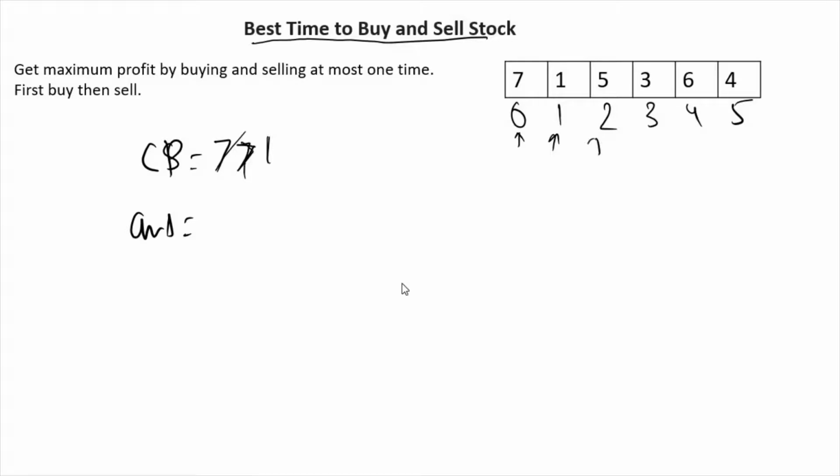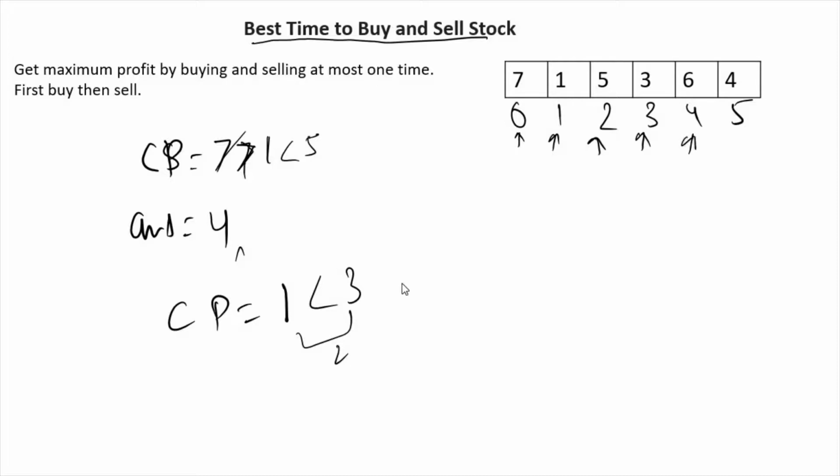Let's move to index 2. The price is 5. We can see 5 is greater than 1, which means we can make a profit of 4. Initially the answer is 0, so we replace the answer with 4 because 4 is greater than 0. Let's move to index 3, where the price is 3. Since 3 is also greater than 1, we can make a profit of 2, but as we already have 4, we will not replace it.